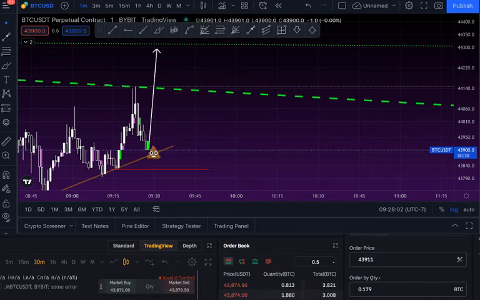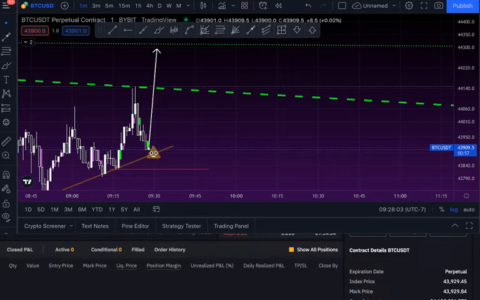Let's see if we can even see the trade on the screen. Going a little into drawdown, down 2%.